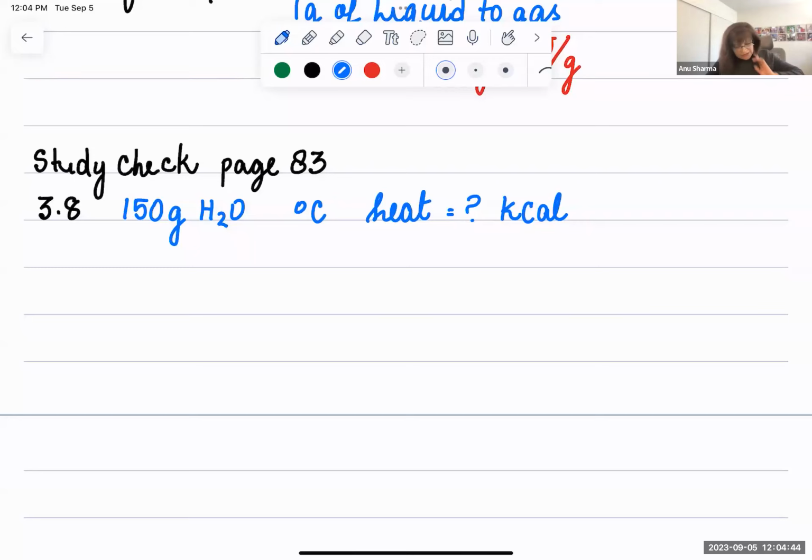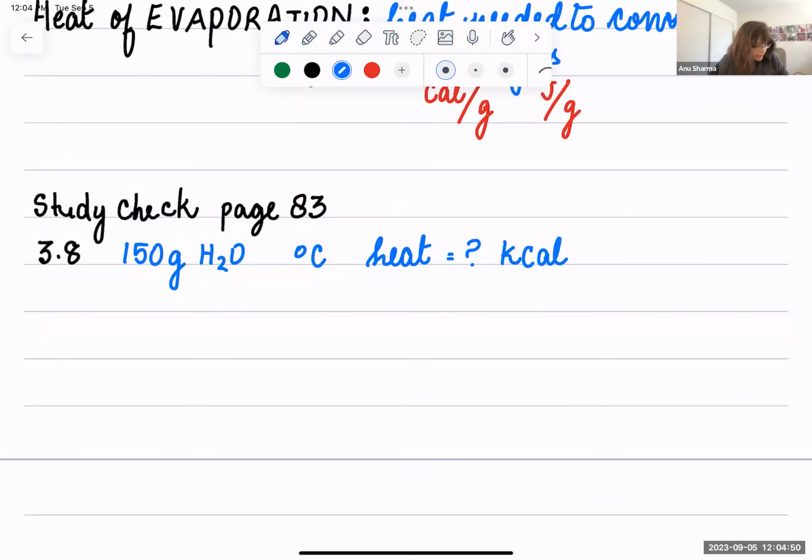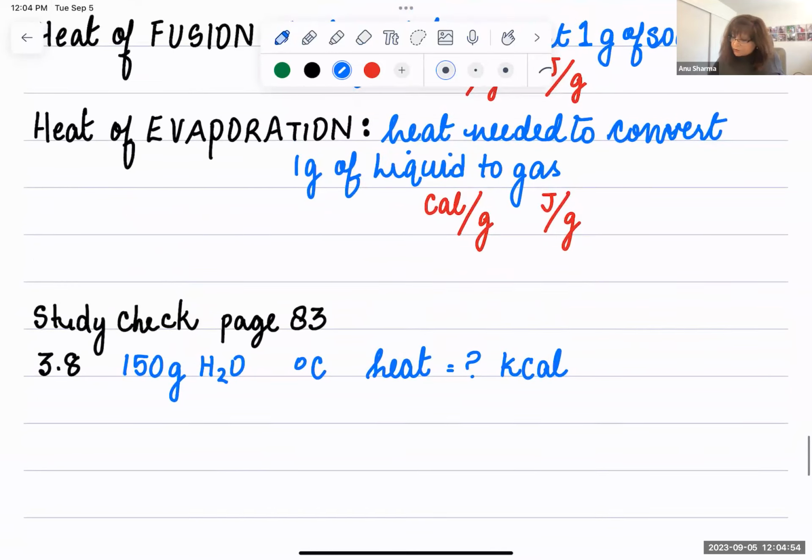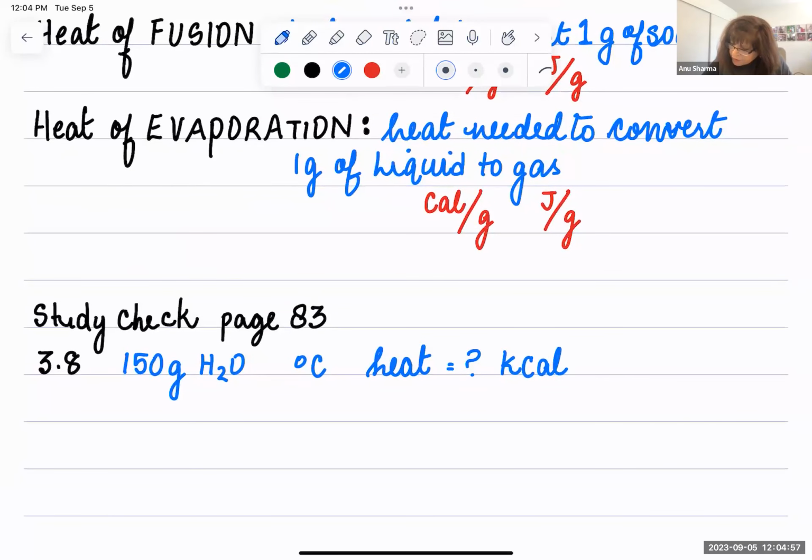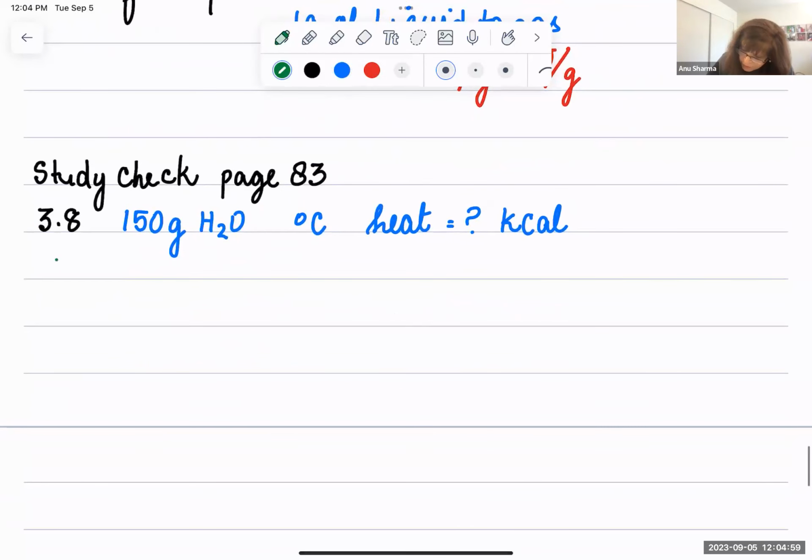So in this case, you need the value of the heat of fusion. Substances have these values for the heat of fusion. Let me write down the value for water, which is going to be given to you. In this question, they have not obviously stated it.